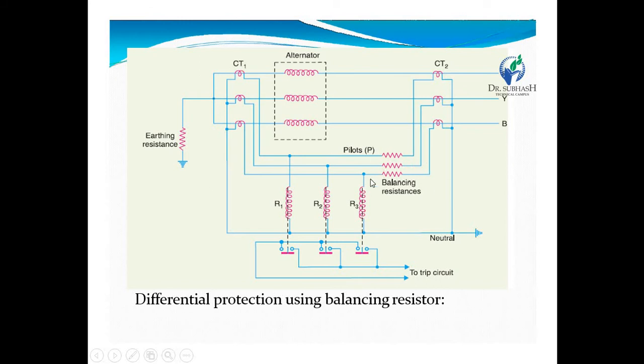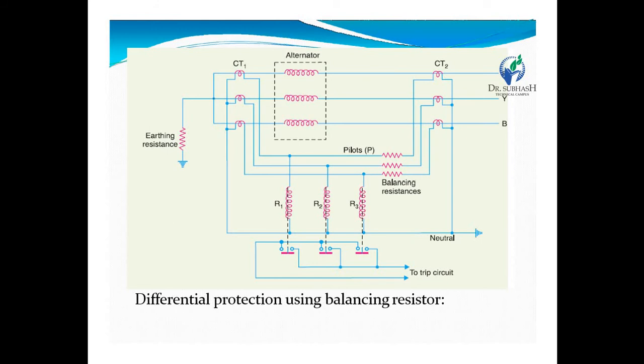So these balancing resistors are truly effective to balance the spill current, and they are also useful when the external fault currents are heavy and affect CT2.